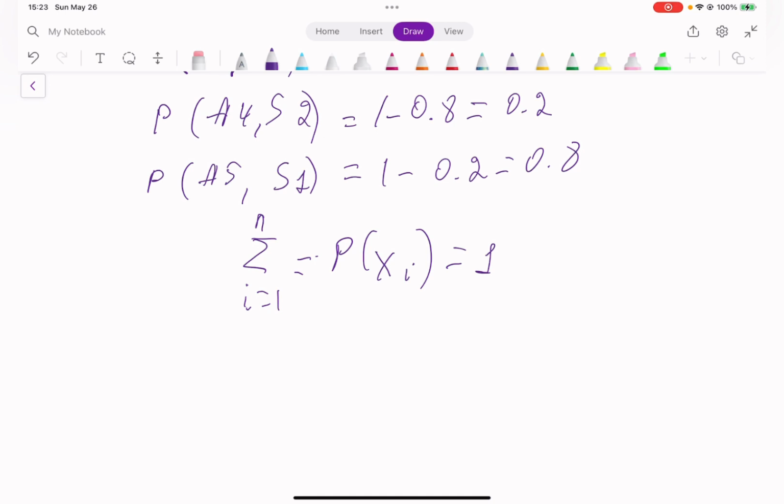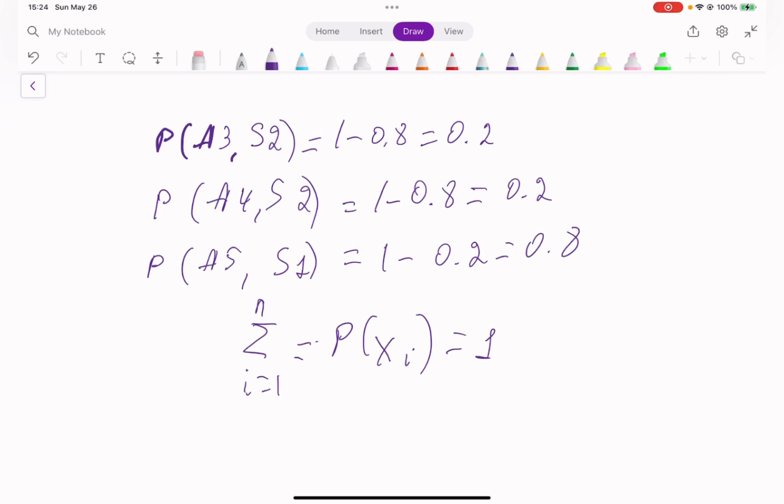What do I have? Probability for the missing values. In my case, the missing probabilities were A3 S2, A4 S2, and A5 S1. And I'm going to identify the expected value for these branches. Okay?